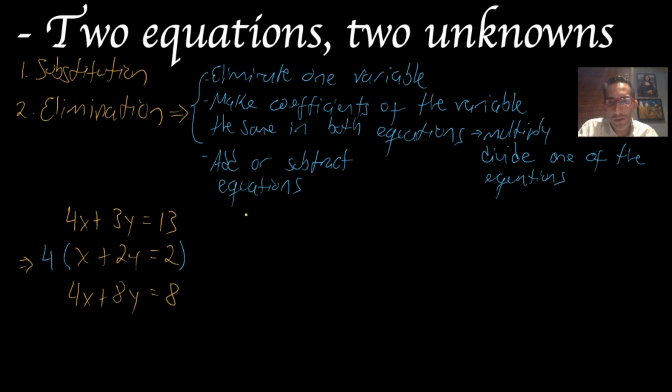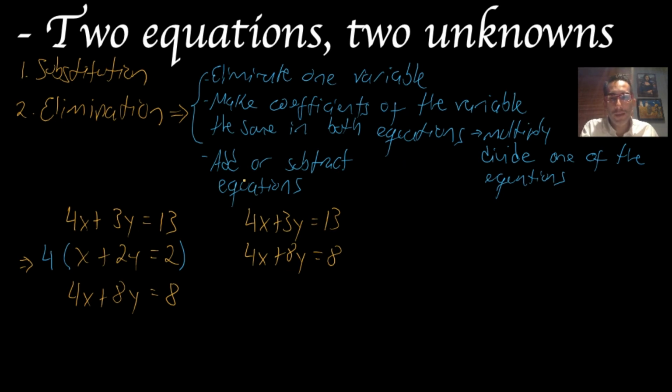Now let me rewrite the equations here again, one on top of the other. Now this is the result: 4x plus 8y equals 8. And again, I want to eliminate the x. I already complied with the second step, that is make the coefficients of the variable equal in both equations.